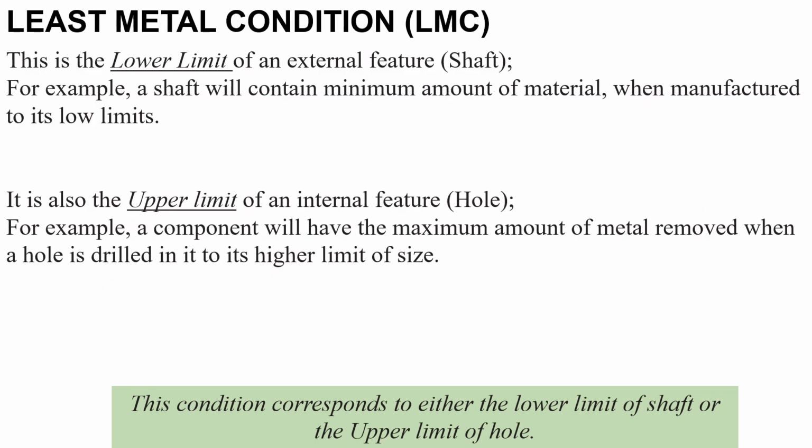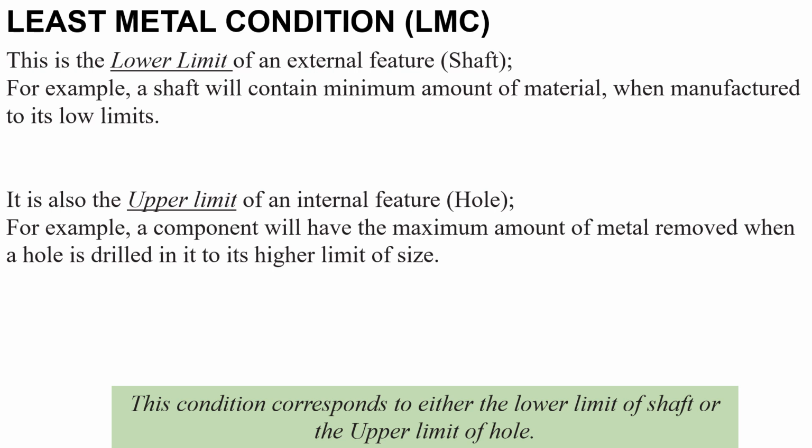So next we have to discuss the least metal condition. Least metal condition is the lower limit of an external feature, that is the shaft. For example, a shaft will contain the minimum amount of material when manufactured to its lower limit. So, least metal condition for the shaft is the lower limit. Similarly, least metal condition is also the upper limit of an internal feature, that is the hole.